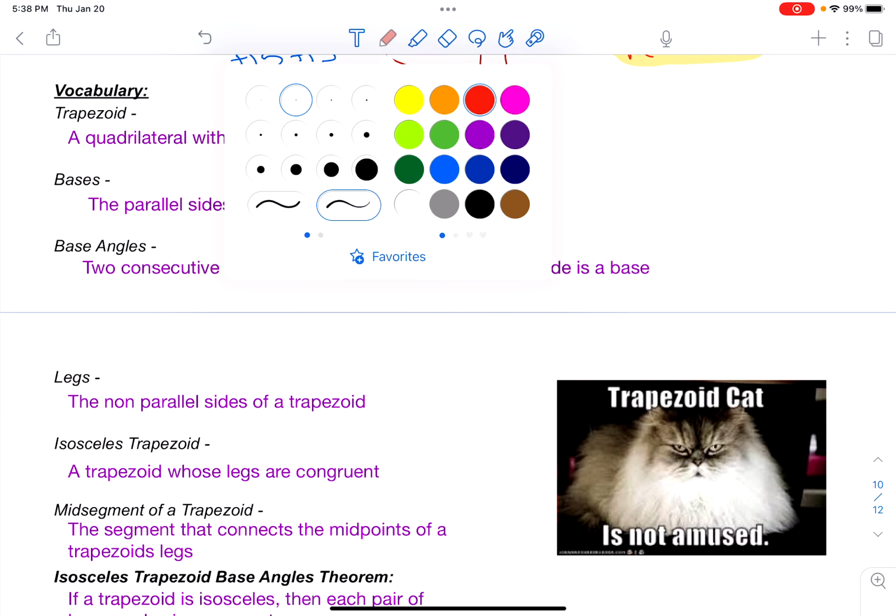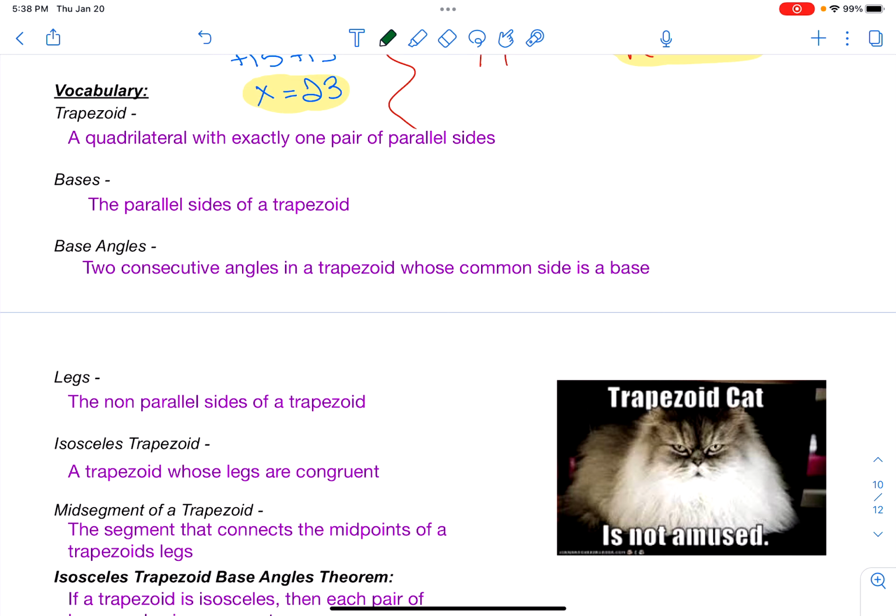So let me see if I can draw a trapezoid here. Oh, nice. So this is a trapezoid. This is what a trapezoid looks like. Your bases are the parallel sides of a trapezoid. So notice that this side and this side are parallel.